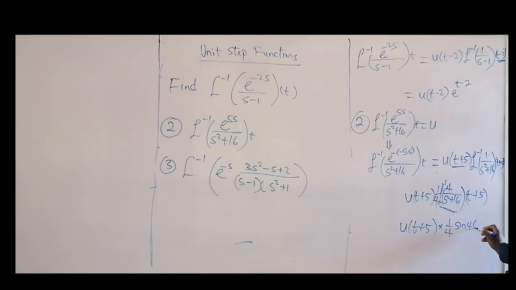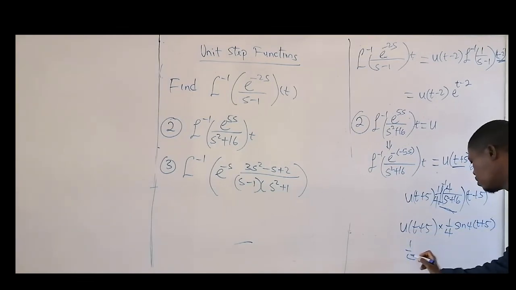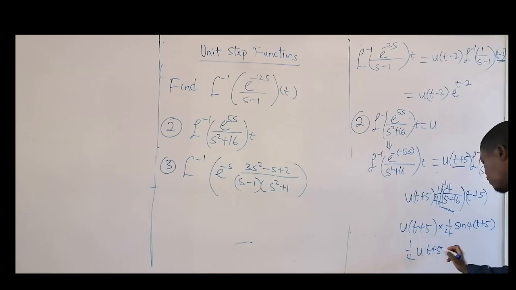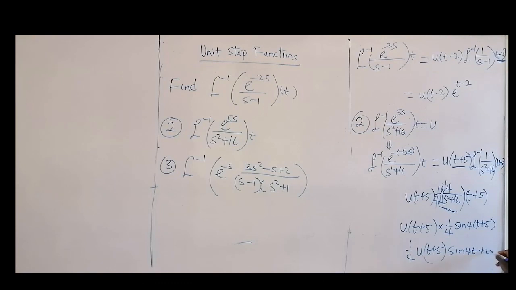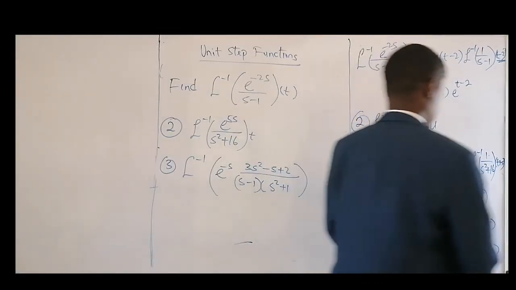So t now becomes t plus 5. That will be equal to 1 over 4 u of t plus 5 times sine of 4t plus 20. So that's that on that. I will take the third question in the next video. Let's take that one next video.